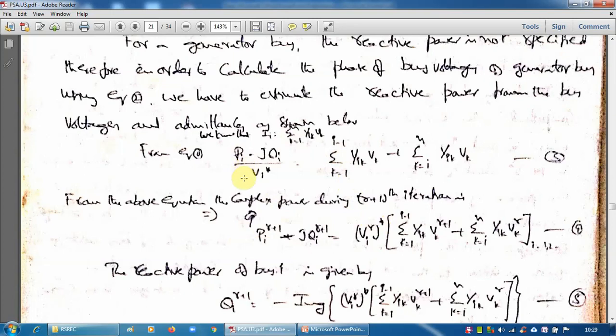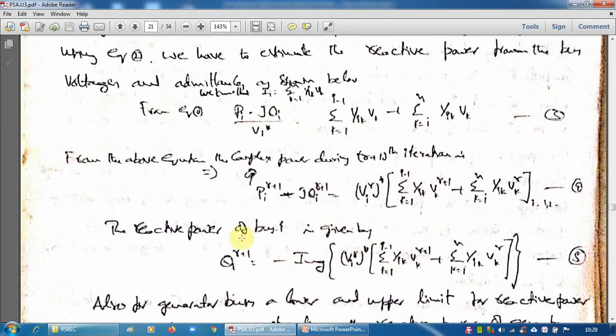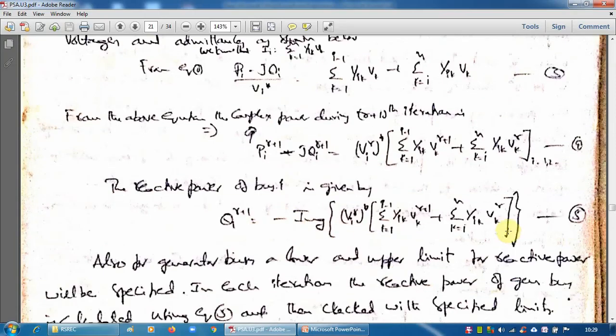Now for generator buses, Q is to be calculated. In the same expression, Q is expressed in terms of other values. Here also you see Q is nothing but the imaginary part of this calculation. And as per our discussion, we can substitute fresh values of bus voltages up to I minus 1.